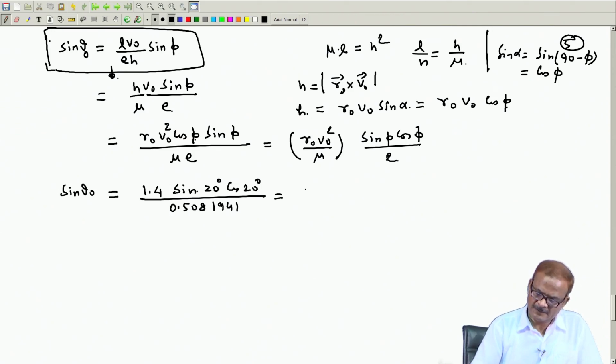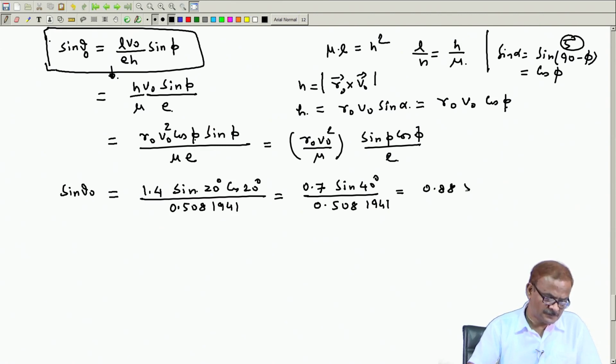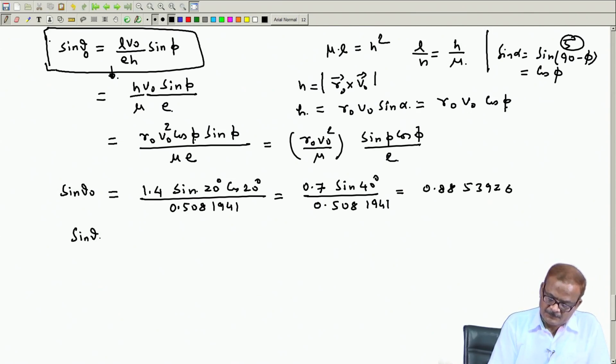More compactly, one more step we can write as 0.7 sin 40 degrees divided by 0.5081941, which gives 0.8853926. So, this is sin theta 0, 0.8853926.